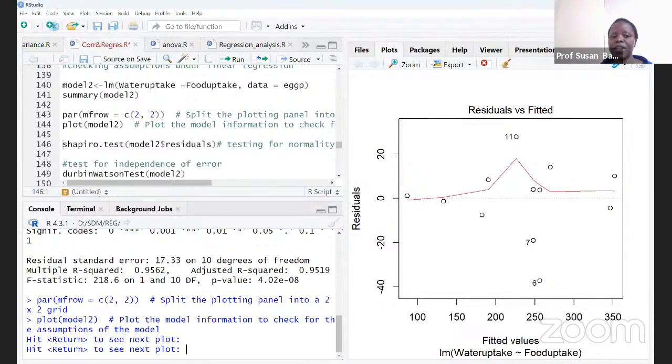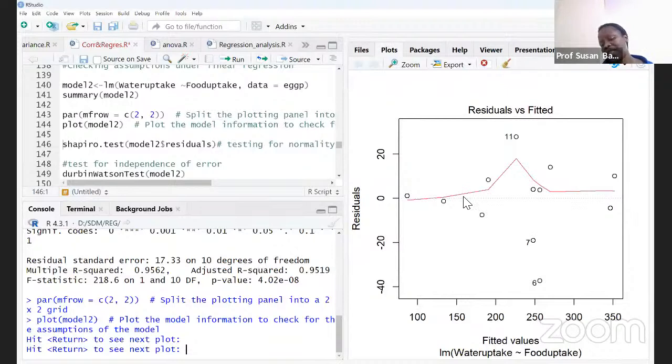So the first plot we are seeing is residuals versus fitted values. And this plot, I said yesterday, is used to test the assumption of constant variance of the residuals, or to test homogeneity of residuals. The dotted line you see in black denotes that the average value of residuals is 0, the mean of residuals is 0, and we should have the points randomly scattered around that line with no pattern.